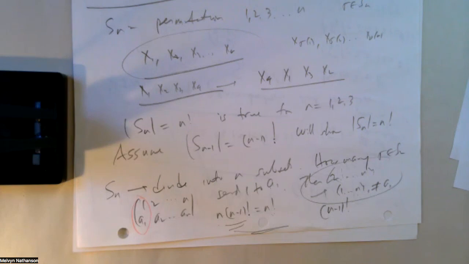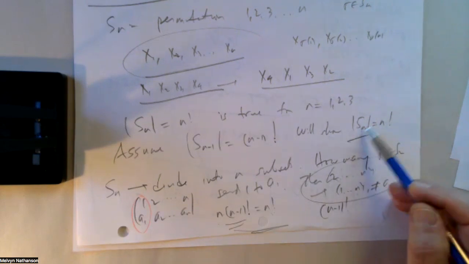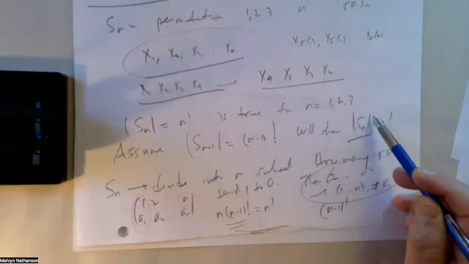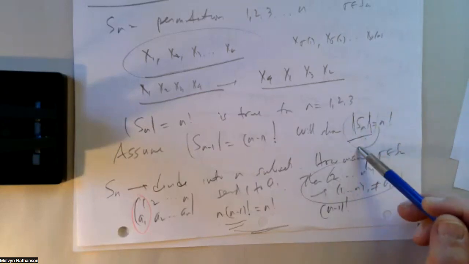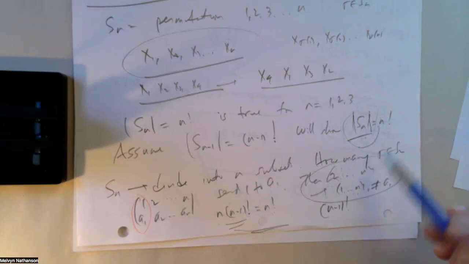Cardinality is just another way of saying the number of elements of a finite set X, and is denoted by X with absolute value signs around it. So Sn with these absolute value signs means the cardinality, or the number of elements in this set, and that's equal to n factorial.